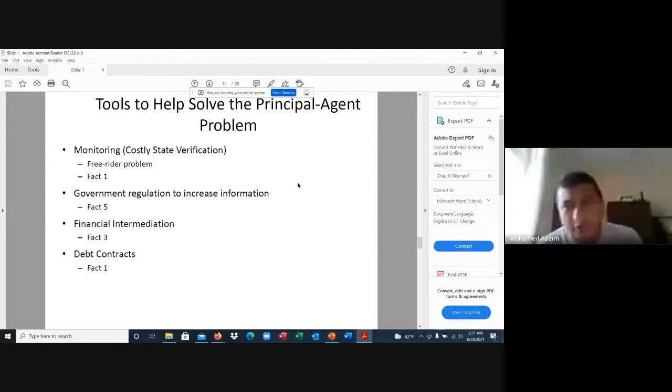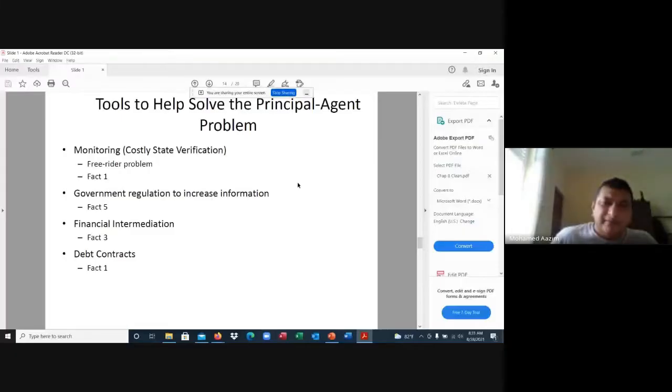So you can revisit fact one, you can try to identify it on that basis. Then you see the regulation to increase information. We already explained this. So the minimum standards established by governments, right?